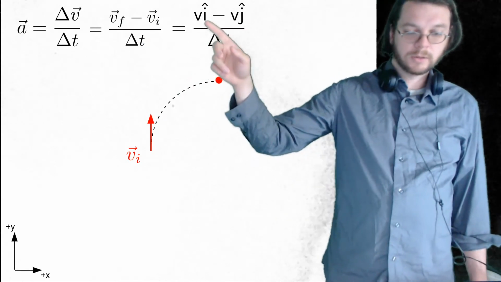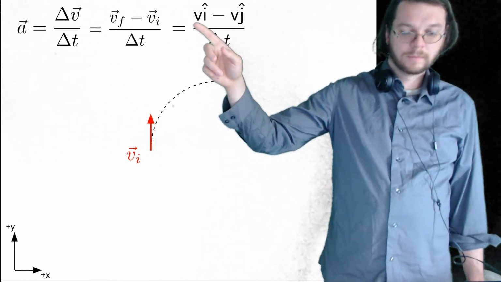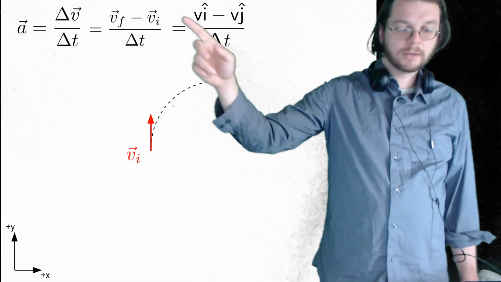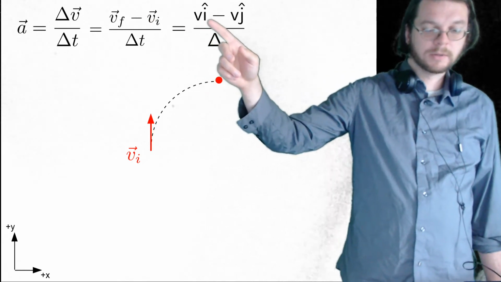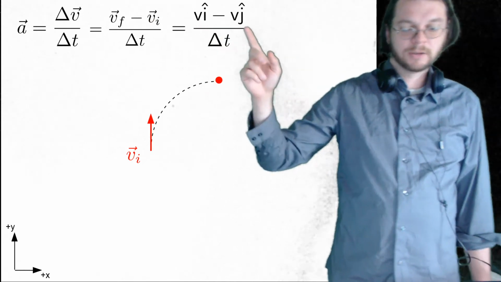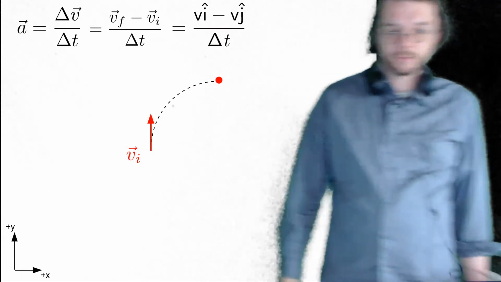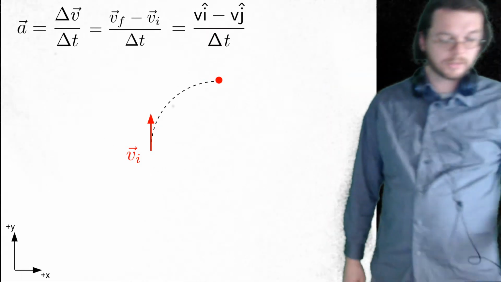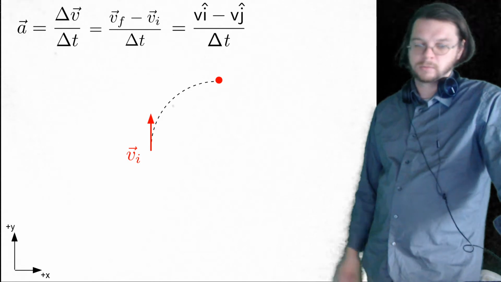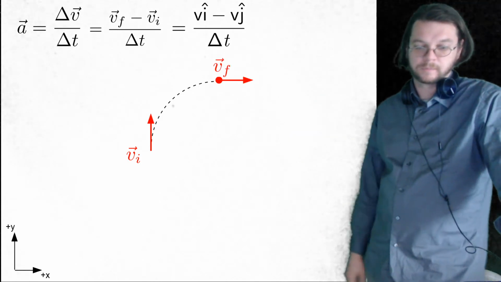And so we end up with an acceleration where the change in velocity is the speed in the x direction minus the speed initially in the y direction, basically. Okay, so that's that. The next part, I believe, is thinking about this time.